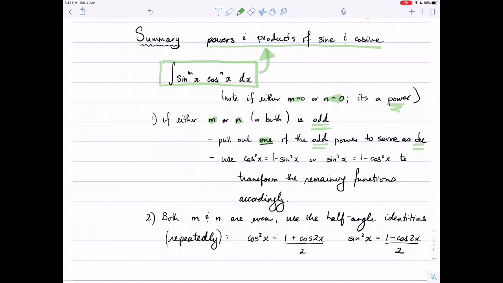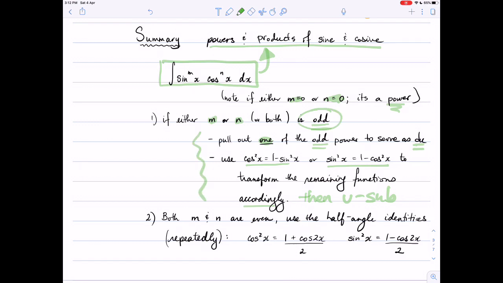You are then going to use the Pythagorean identities to rewrite the remaining functions accordingly, and then do a u sub. That is if there is at least one odd power.